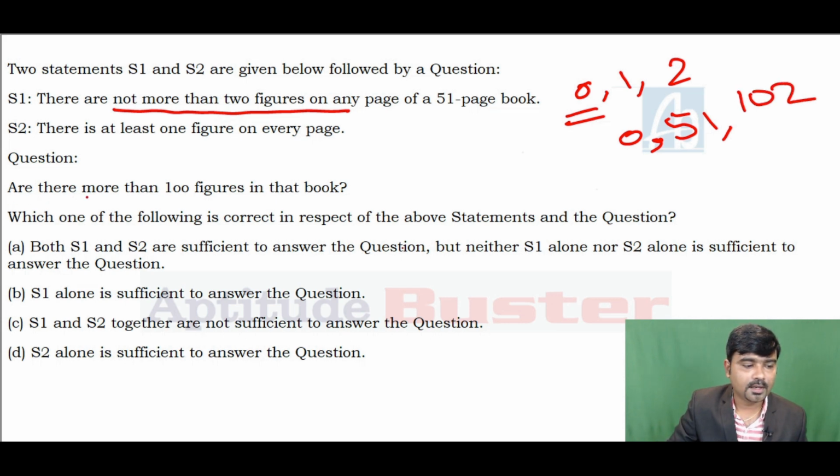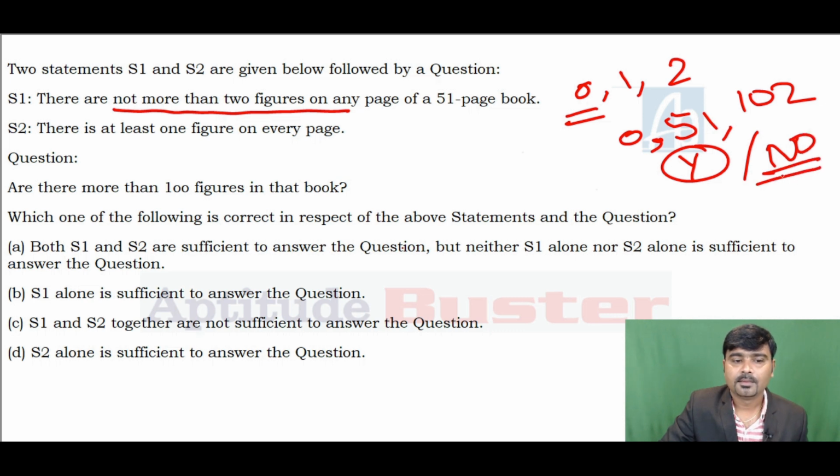Read the question: are there more than 100 figures in the book? You cannot say a definite yes or definite no. Here if I take 51, you say no. If I take 2 per page, you can say yes. The first statement is not sufficient to say the definite answer. So the first statement is not sufficient.